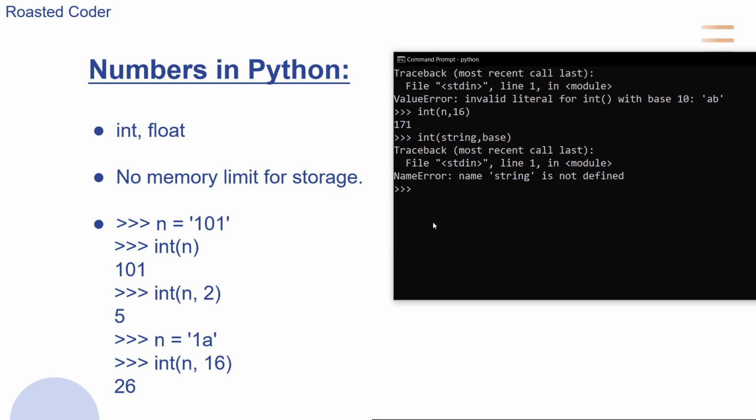So now we can convert anything, like let's take n equals to 101 and int of n comma base 2. Since this is base 2, int will assume this is a binary number and convert it to decimal, and will return 5.